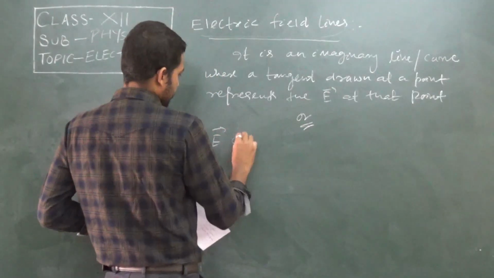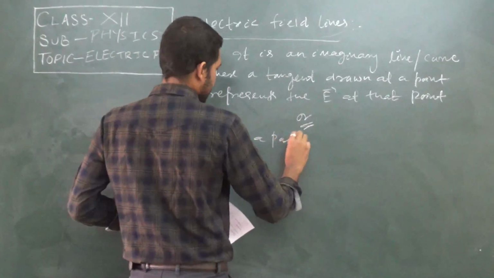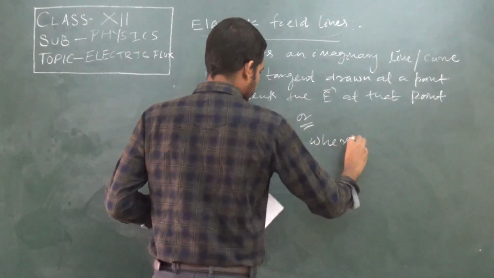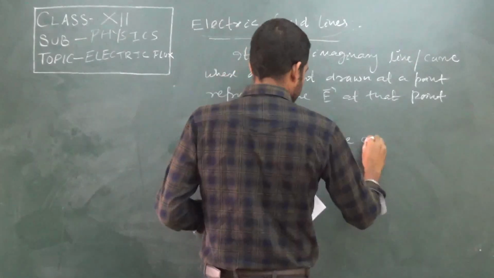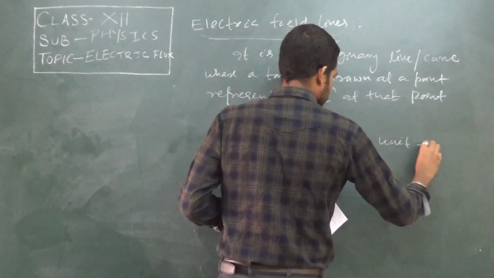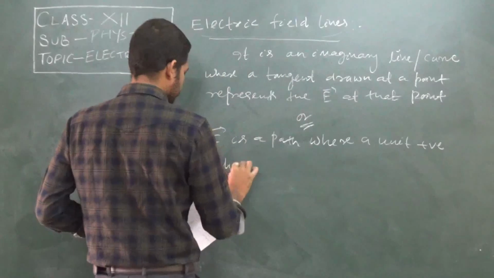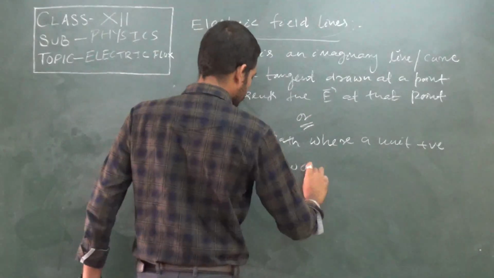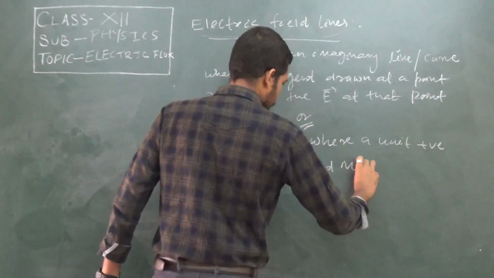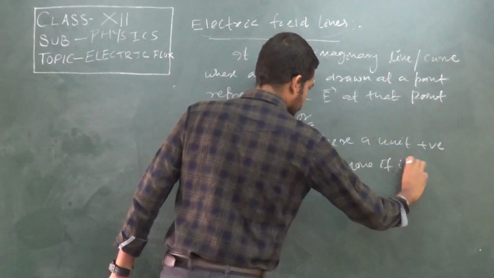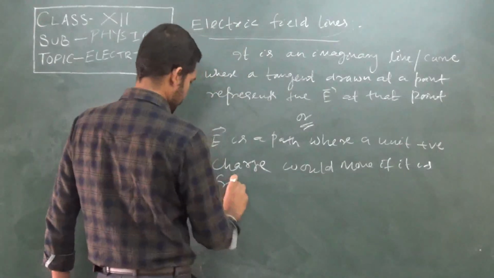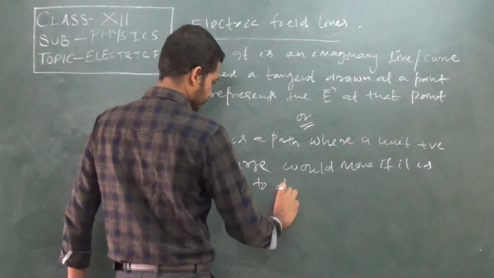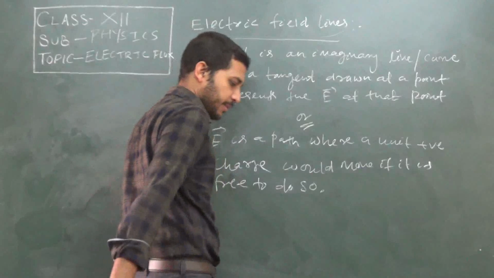Or another definition: an electric field line is a path where a unit positive charge would move if it is free to do so.